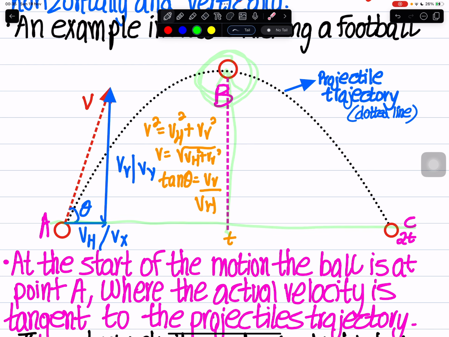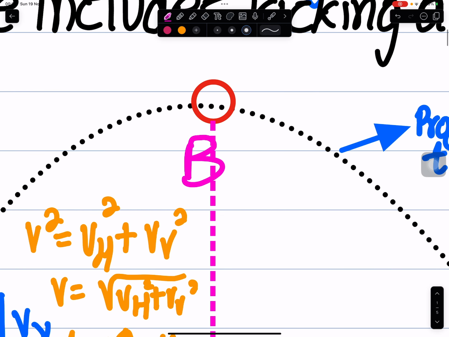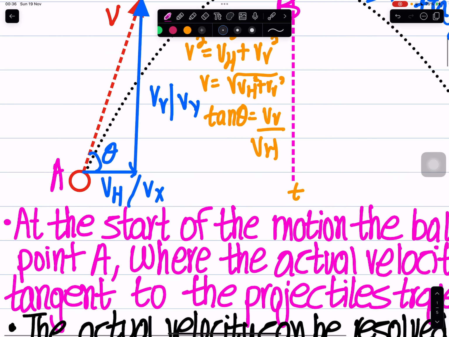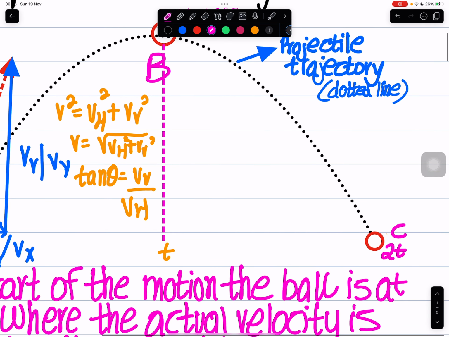So let me write it over here: highest gravitational potential energy, and over here, highest kinetic energy.